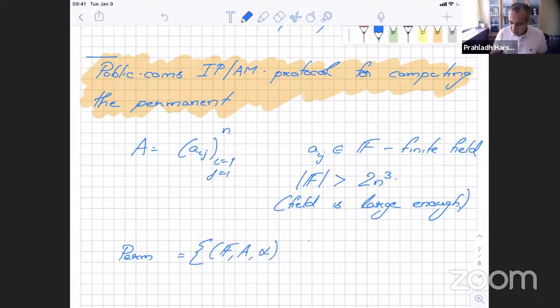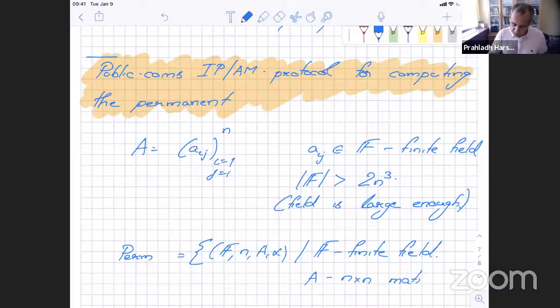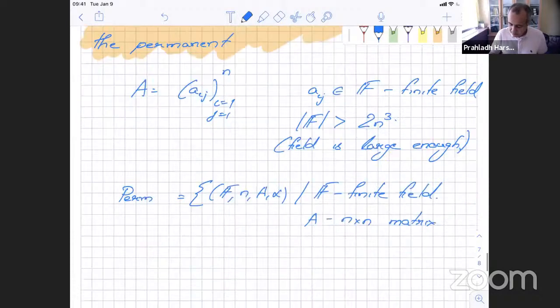F is a finite field, A is an n by n matrix, that is, A is in F^(n×n), and the permanent of A equals alpha.